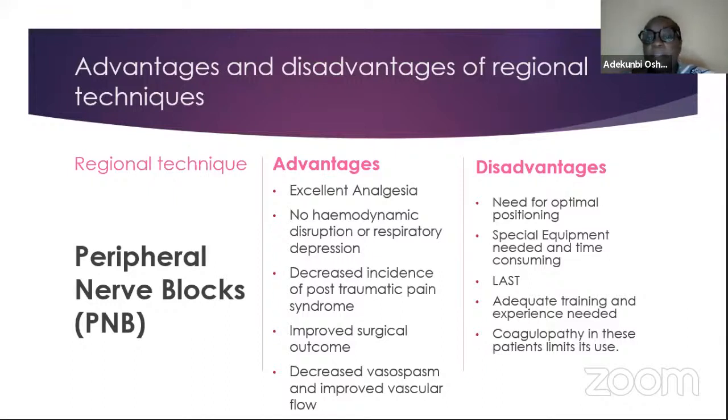There's decreased incidence of post-traumatic pain syndrome, and improved surgical outcome in them. Then also disadvantages, again as I said, of course, the need for optimal positioning, special equipment, and specialized training. If there's coagulopathy in patients, it cannot be used. Then, of course, there's a risk of local anesthetic systemic toxicity in them.